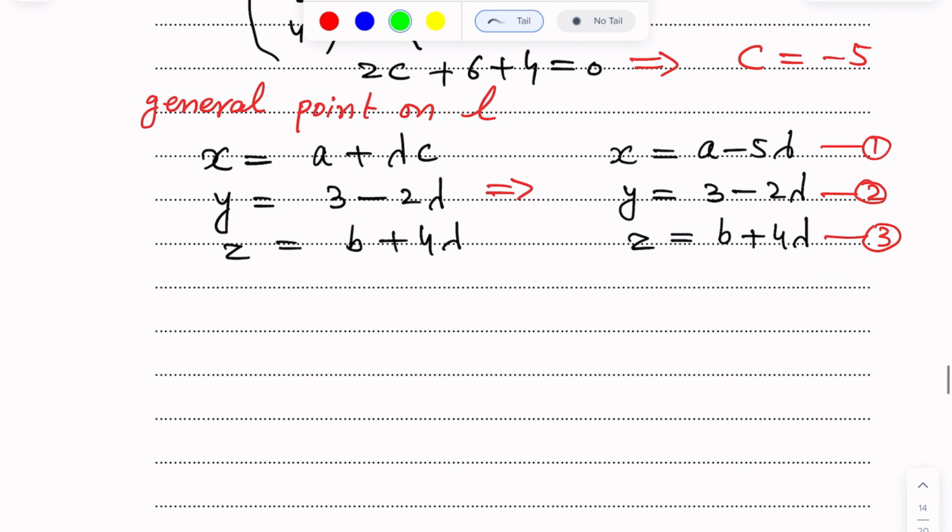So from here, we are solving equation number 1 and 2.